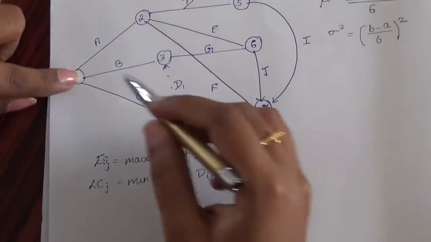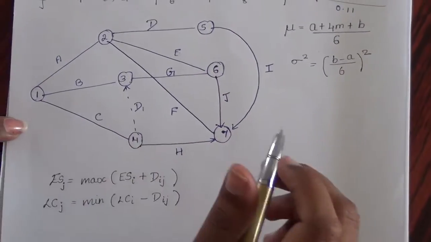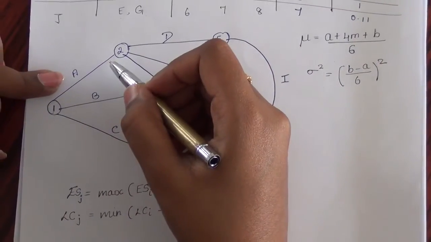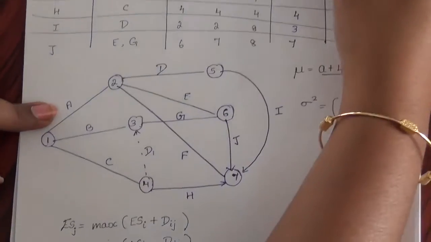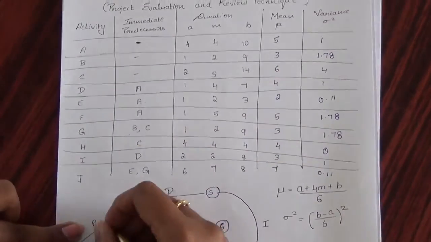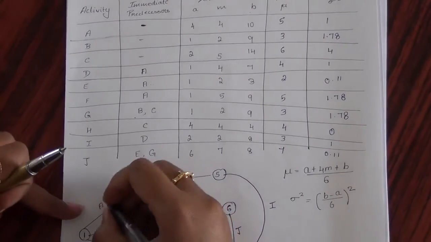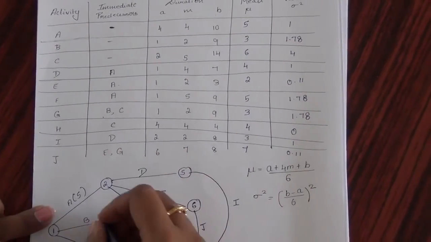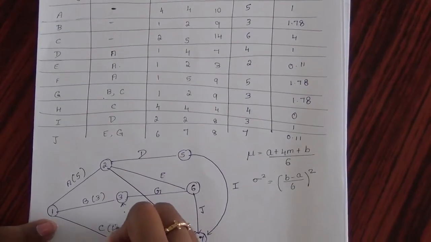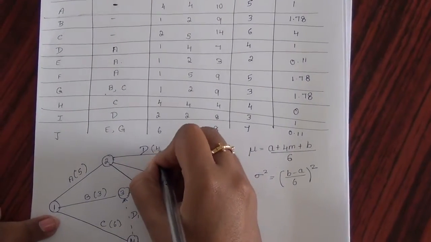So before calculating the earliest start time and latest completion time, I have to specify the distance between two activities. That will be nothing but the mean, which I have calculated. So for activity A, mean is 5. So I am specifying it here as 5. For B it is 3. For C it is 6. For D it is 4.